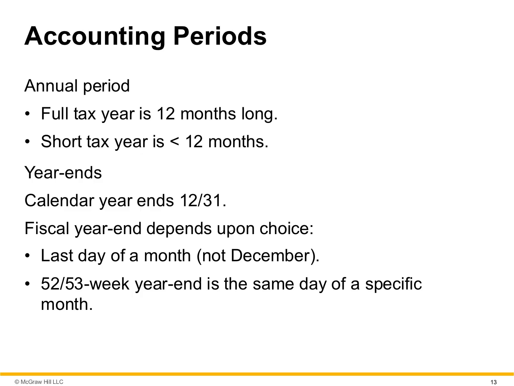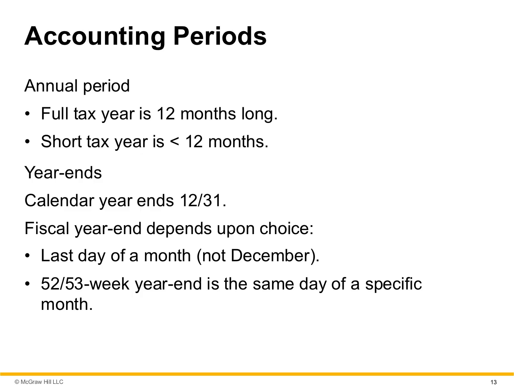The other option a business could have is a 52/53 week year end. And what that means is that it is a fiscal year that ends on the same day of the week that is the last such day in the month, or on the same day of the week nearest the end of the month.